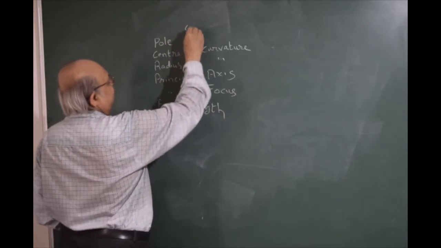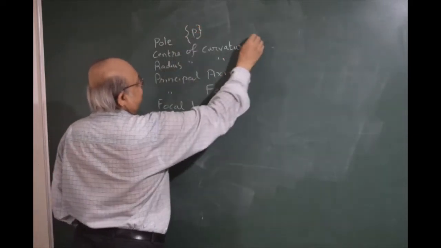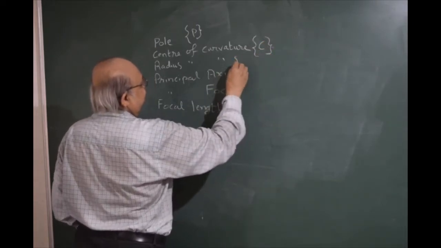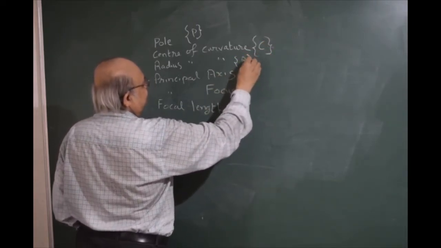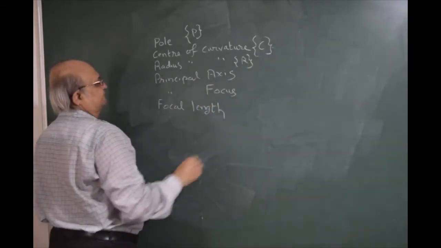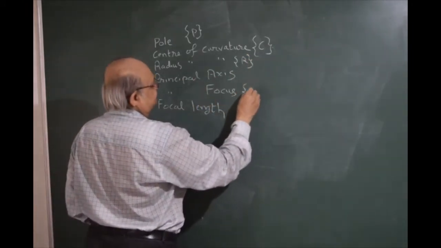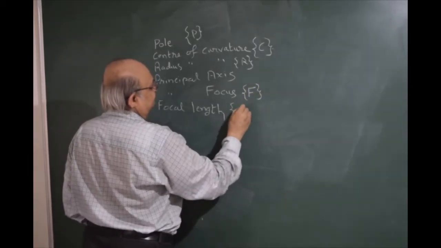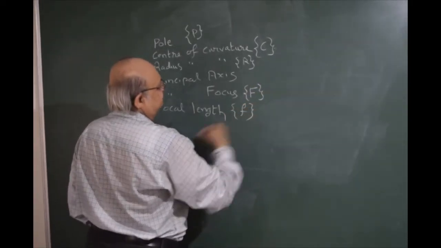Pole is denoted by capital P, center of curvature by capital C, the radius of curvature by capital R, no abbreviation for principal axis, for principal focus capital F, and for focal length small f.